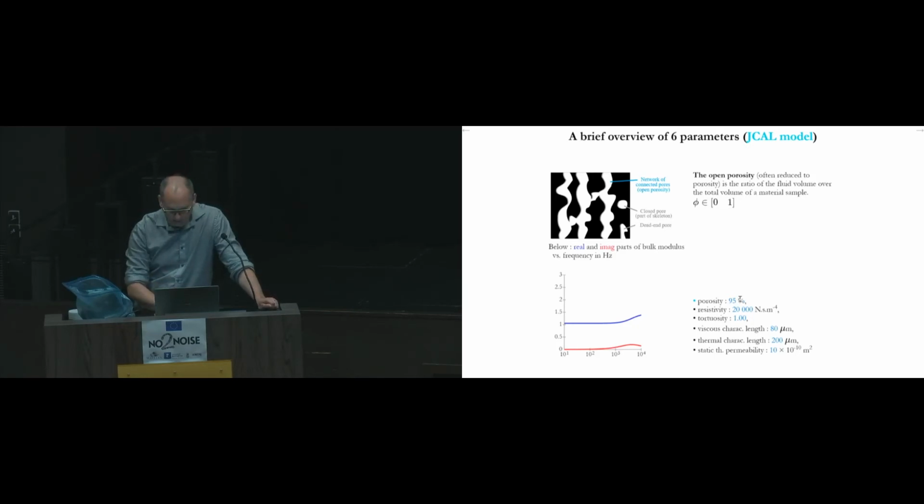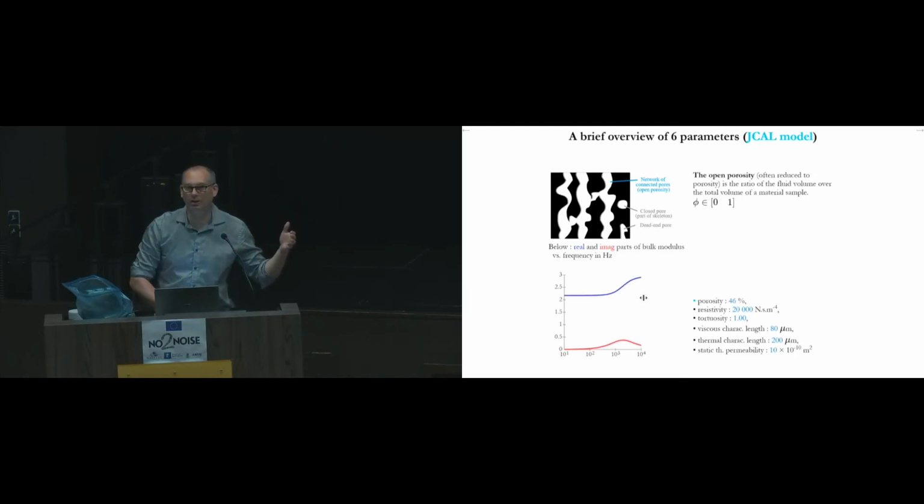You can play with the value of phi just to see how it changes the real and imaginary part of the bulk modulus. It mainly changes the real part, but as we have causal functions, it also changes the imaginary part using Kramers-Kronig expressions.